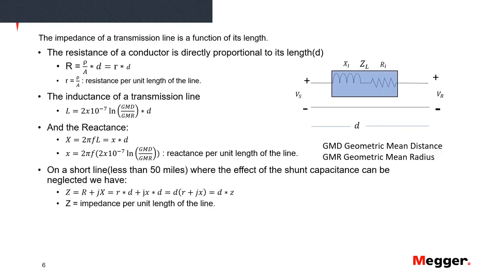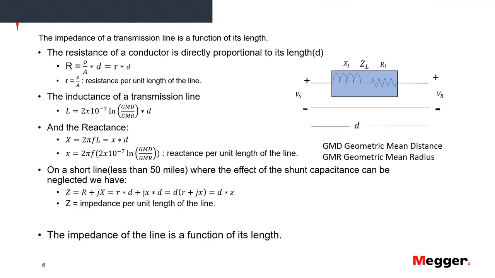And in the end, we come to an equation where the impedance equals the length of the line times the per unit impedance of the line. So we have just proved that we can establish a direct link between the impedance of the line and its length.